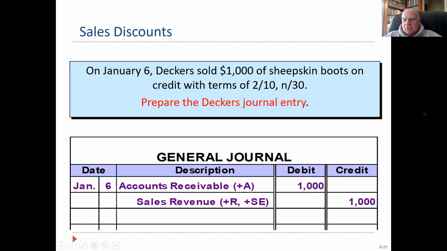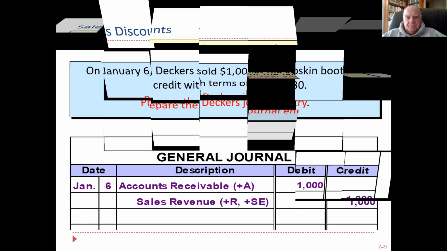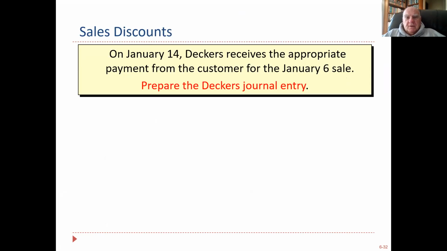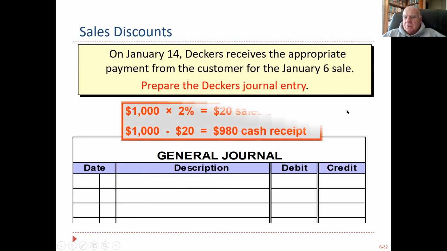You notice there's nothing to do with the discount in here. You don't worry about the discount at the point of sale because you have no way of knowing if the customer is going to take the discount or not. You have to wait and see what happens. So what happened? They got paid on the 14th. So that's well within 10 days. So look at the journal entry. You're going to figure out the 2% of 1,000 is 20.